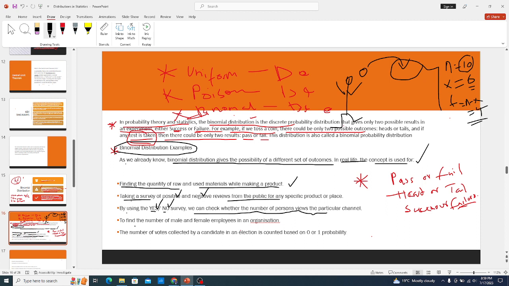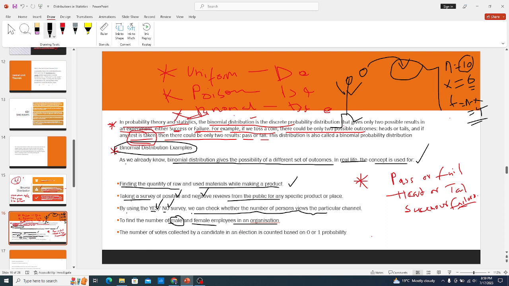To find the number of male and female employees in an organization, it's either a male or a female. So you can see here we have two possible outcomes when it comes to gender.